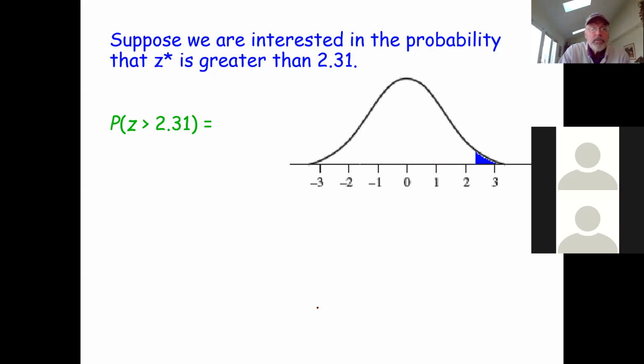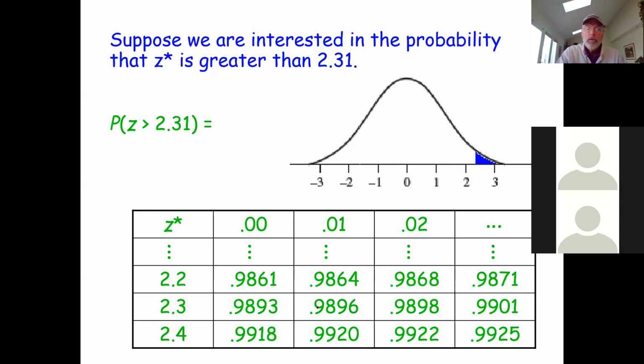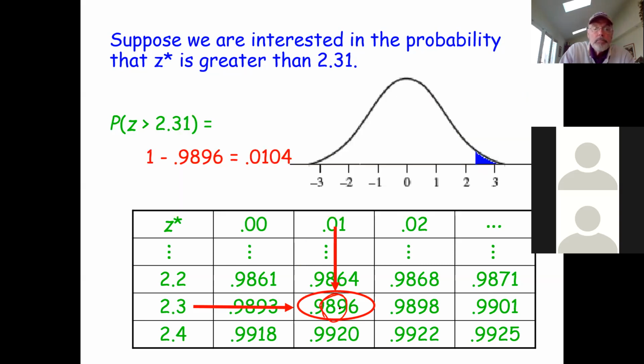Z is greater than 2.31. Now we're looking for an area under the curve. We would go back to this number right here, but we don't want that number. We want 1 minus that number. All right. So I'm going to take a breath here, and I'm going to ask you what you think this number right here is?